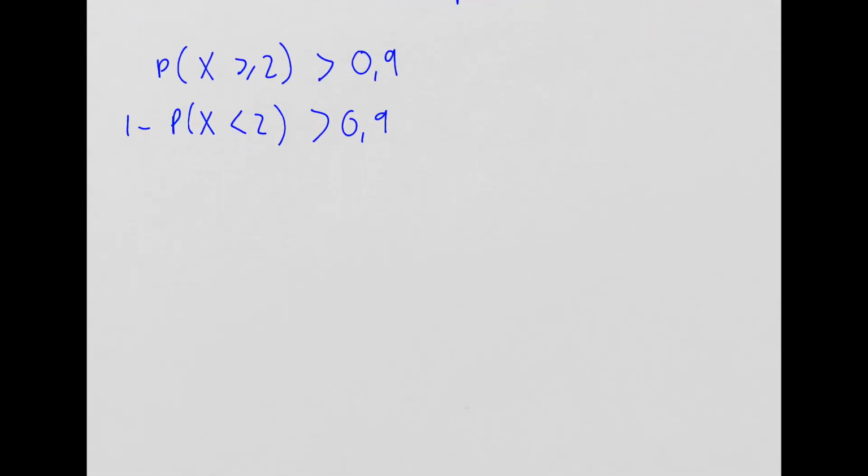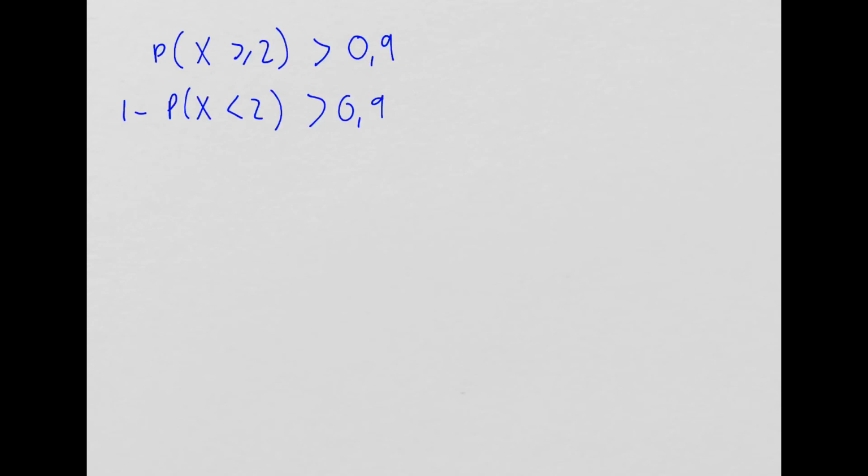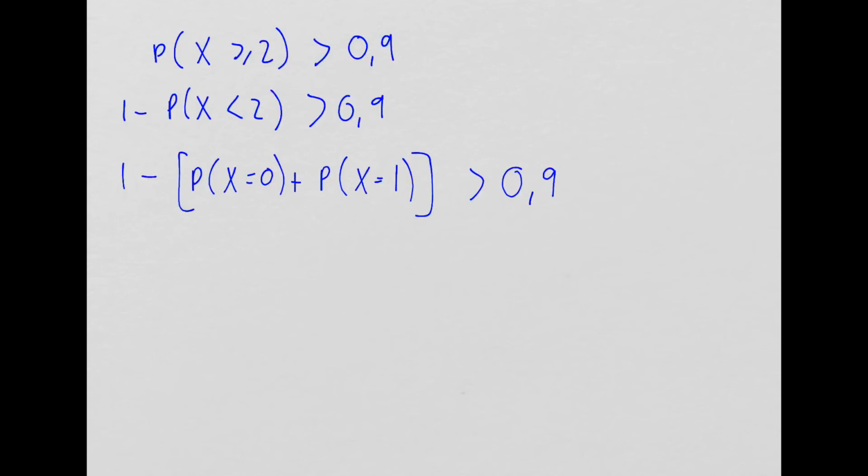Expanding on that, we have 1 minus, let's open a big square bracket, still greater than 0.9. The probability of X less than 2 is the probability that X is 0 plus the probability that X equals 1. So now let's expand those two.